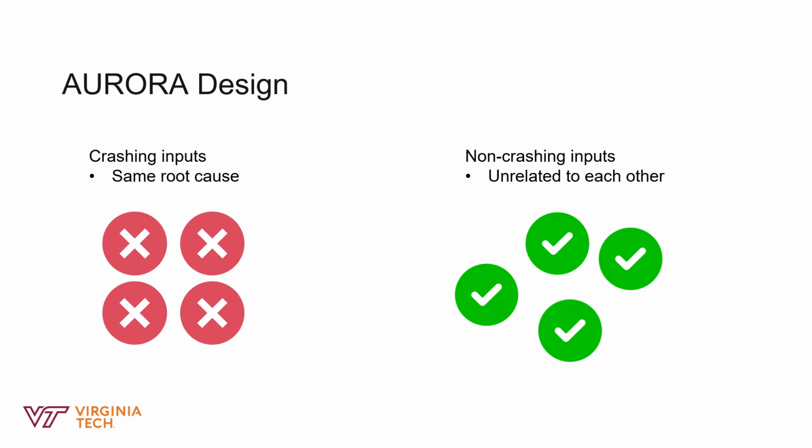The crashing inputs should all have the same root cause, because they all should behave in a similar way, but also provide enough variety to help guide statistical analysis. And the non-crashing inputs are unrelated to each other. They don't have to be related because they only form a baseline for how the program is supposed to behave compared to crashing inputs. Of course, however, we need a large enough set of input to work with.